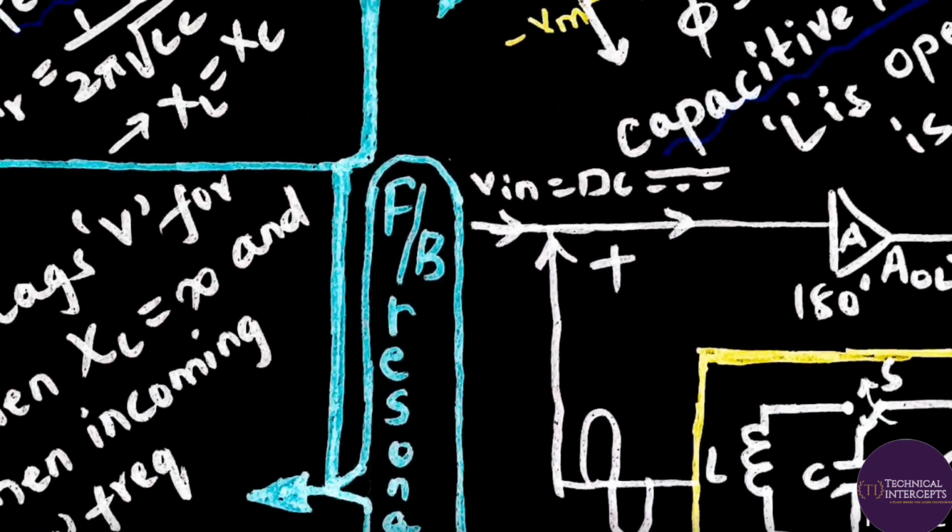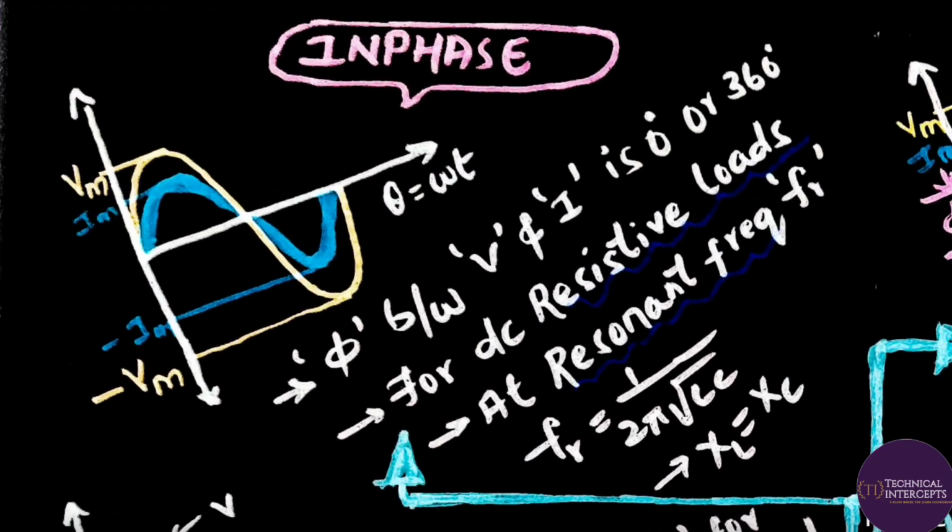The phase change between voltage and current is called in phase when the phase angle between V and I is 0 or 360 degrees, and this will happen at resonant frequency when both capacitor and inductor are tuned. At tuning of the capacitor and inductor, the reactances of the capacitor and inductor cancel out, and here only the DC resistance is left.